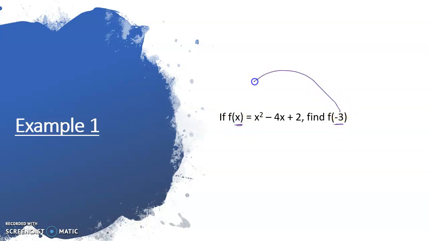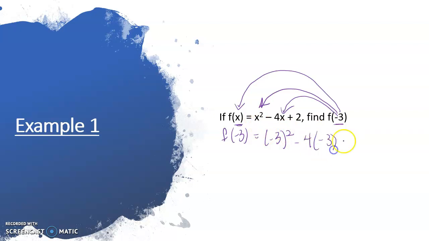So we're going to take negative 3 and put it in everywhere we see an x. We're just plugging in here. So I get f of negative 3 equals, every time I plug in, I'm going to use parentheses. I recommend that you do the same. Negative 3 squared minus 4 times negative 3 plus 2.